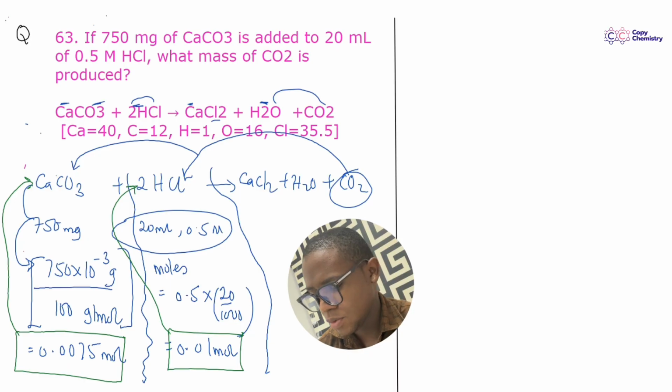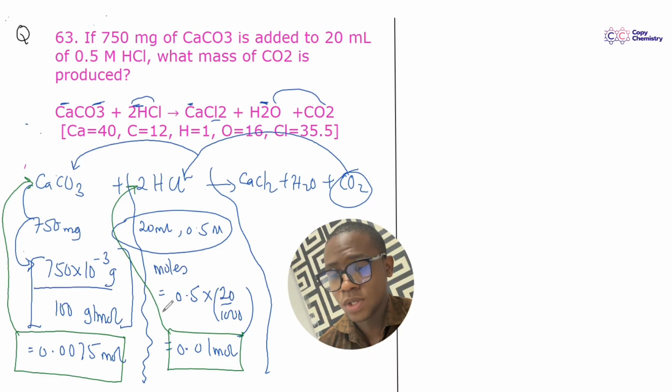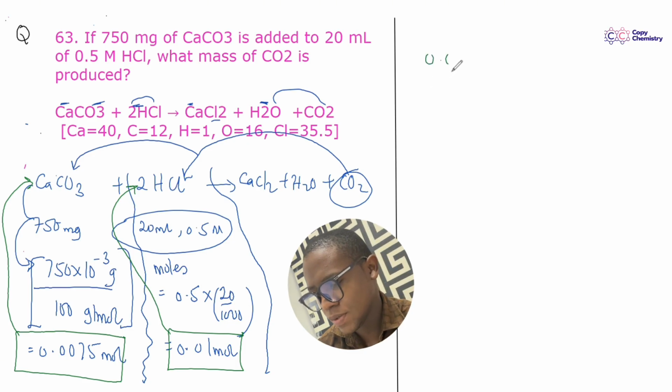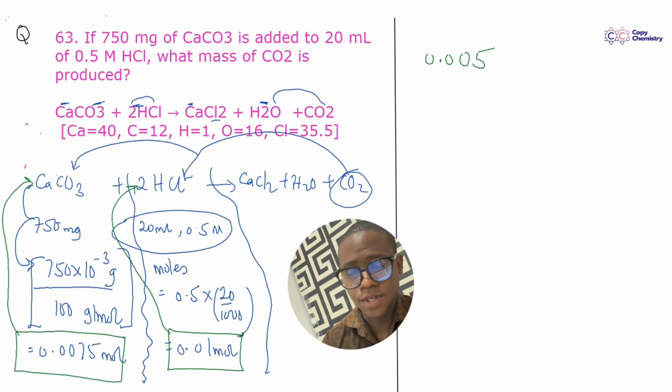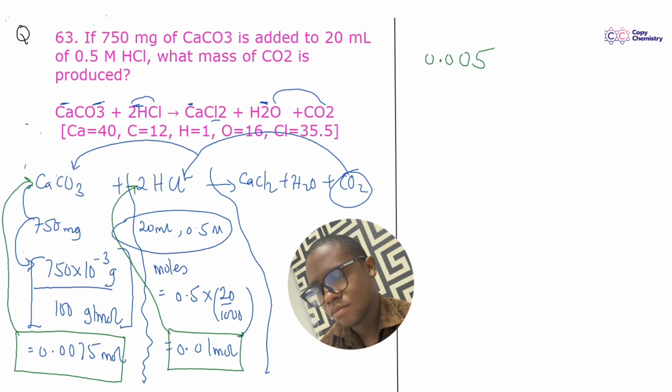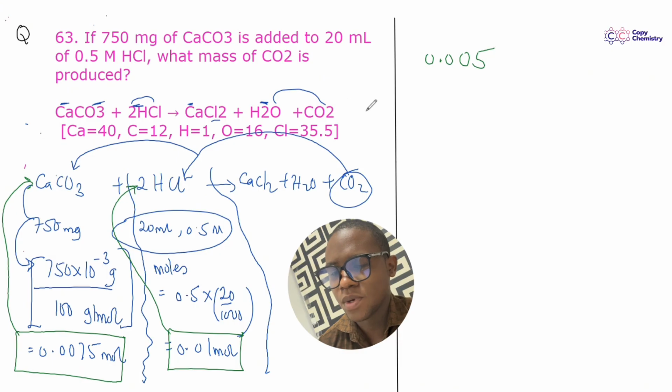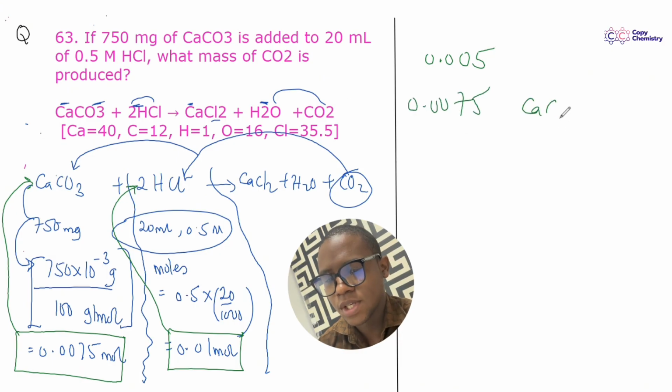And the other one, which is 0.01 divided by 2, would give me 0.005. It doesn't have a unit because I'm dividing moles by moles. So 0.005 and 0.0075, that's what I'm comparing. This is for CaCO3 and this is for HCl.